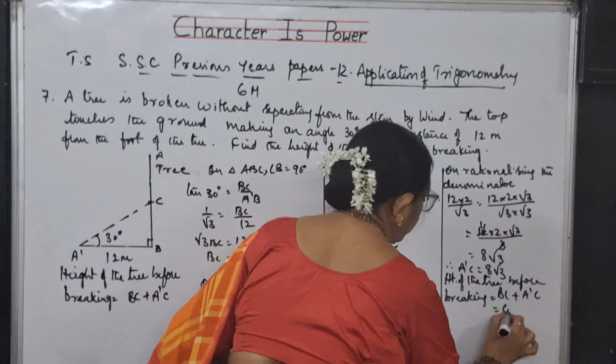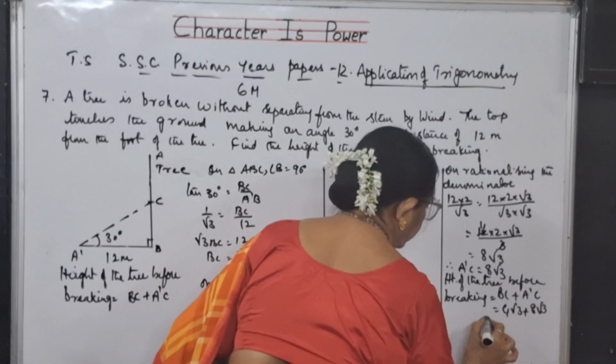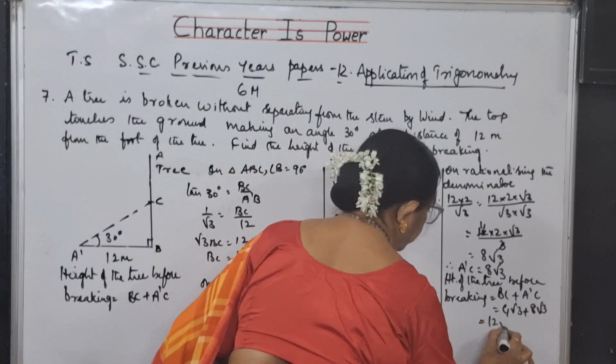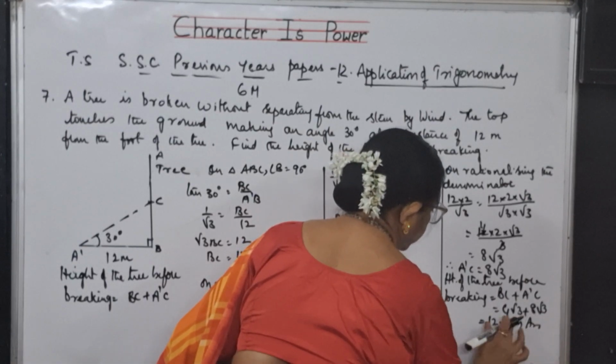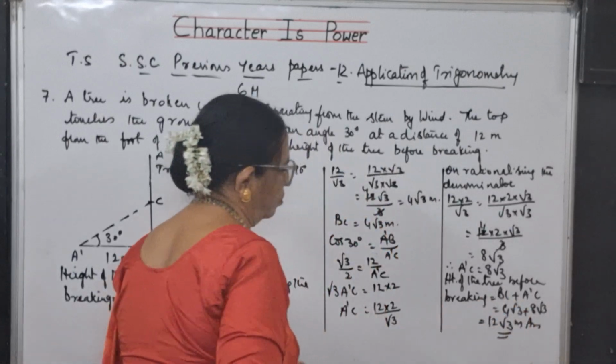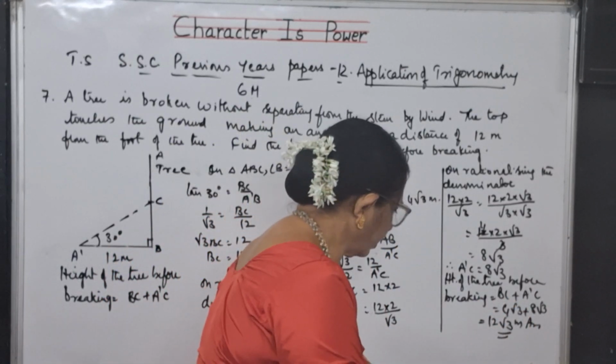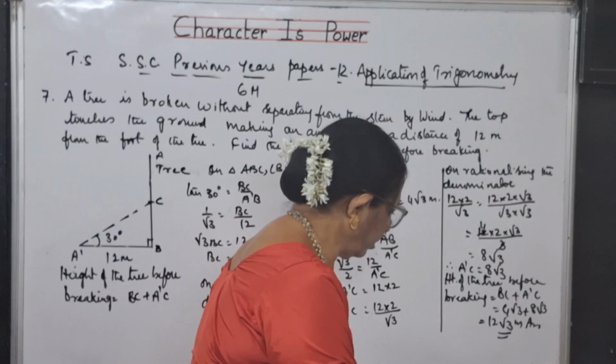BC is 4 root 3 plus 8 root 3, that is 12 root 3 meters is the answer. So please copy this, children.